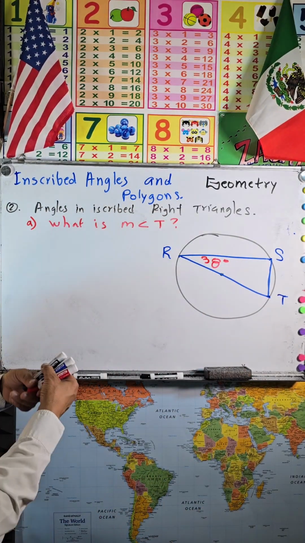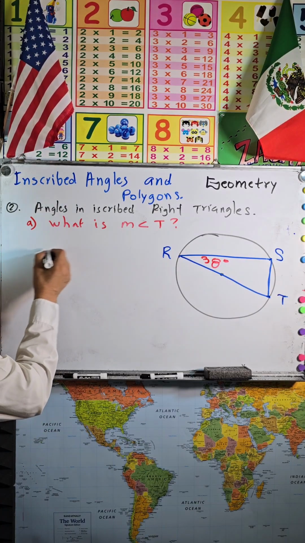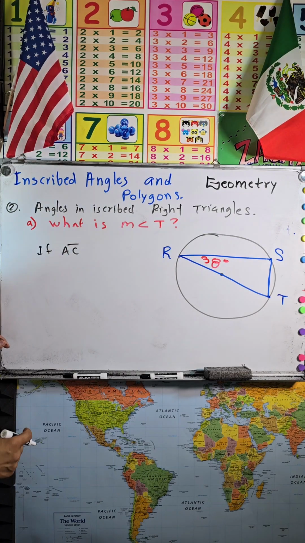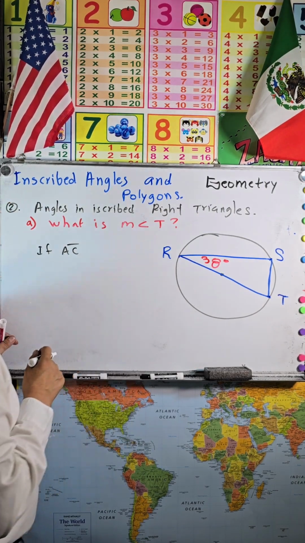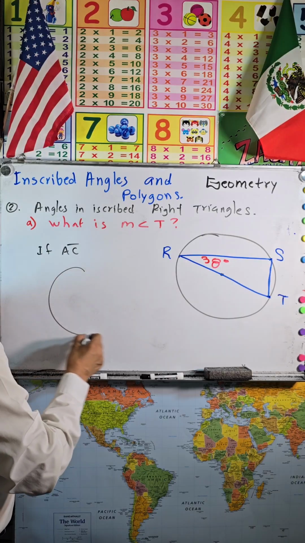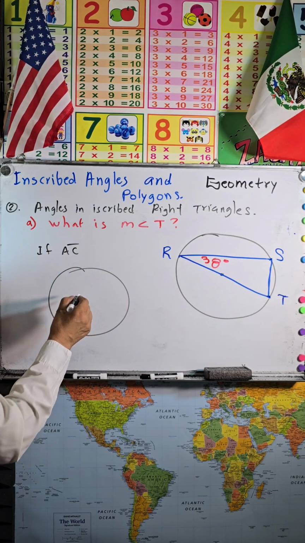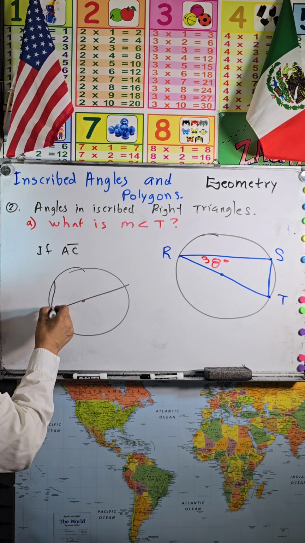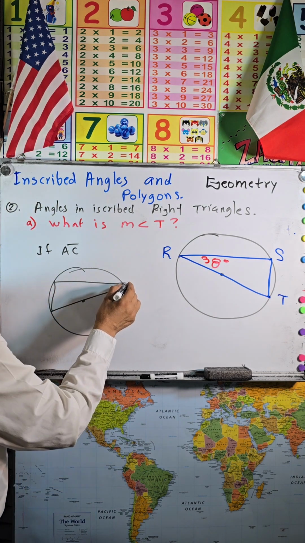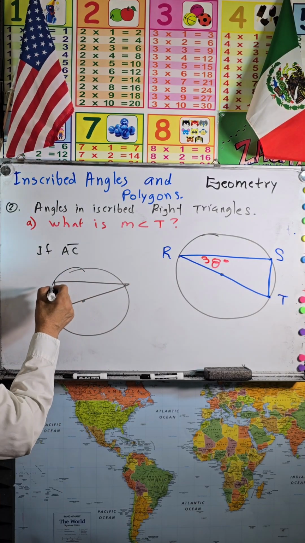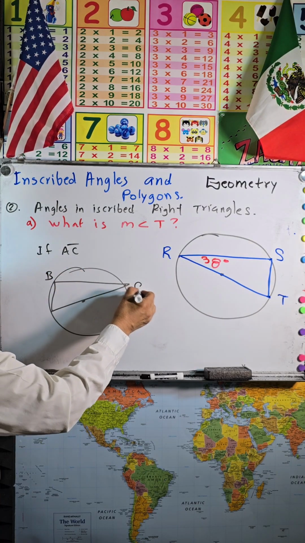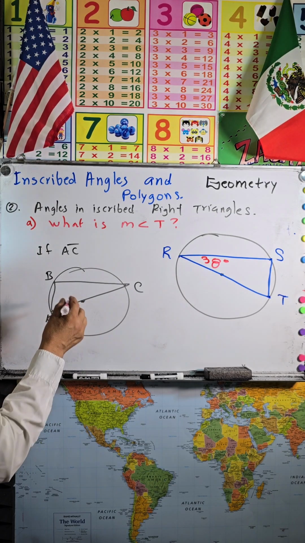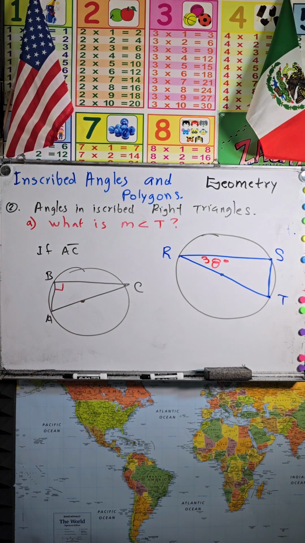Remember, if AC is a diameter, in a picture like this, we have C, let's say A right here, and the right angle right there. This is a right angle.